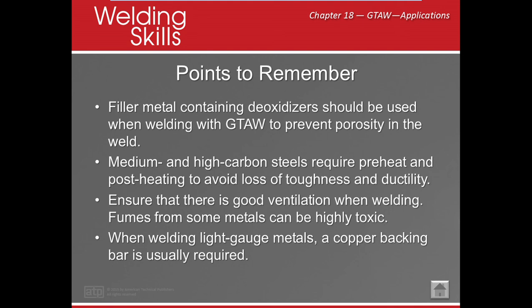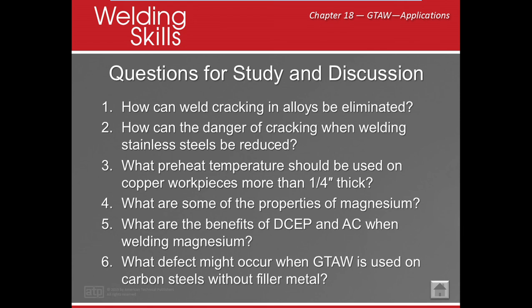Medium and high carbon steels require preheat and post-heat to avoid loss of toughness and ductility because of carbon. We want to make sure there's good ventilation. A lot of these alloyed materials are really toxic, not good for you. Okay, when we weld light gauge metals, meaning thin, a copper backing bar is used. And if we're going to weld thin copper, we're going to use a steel one.